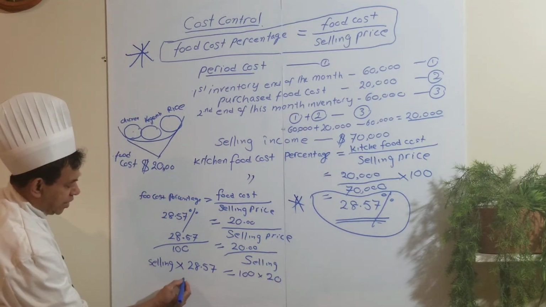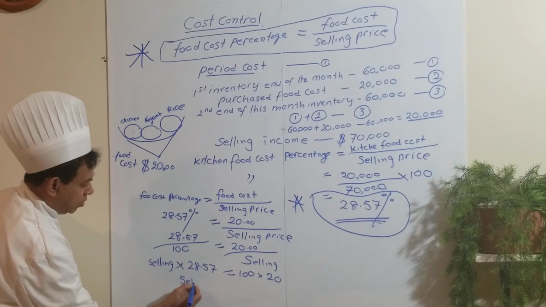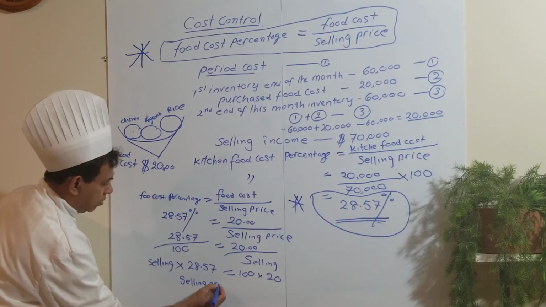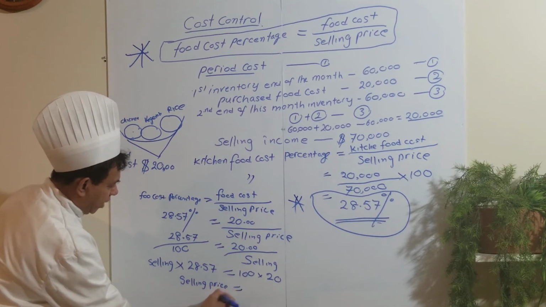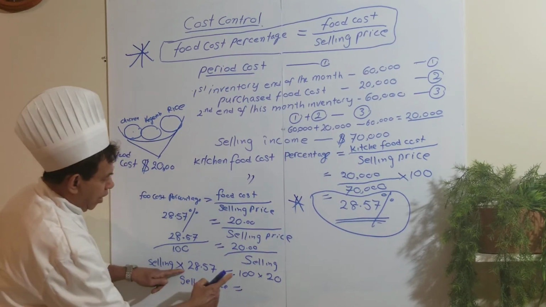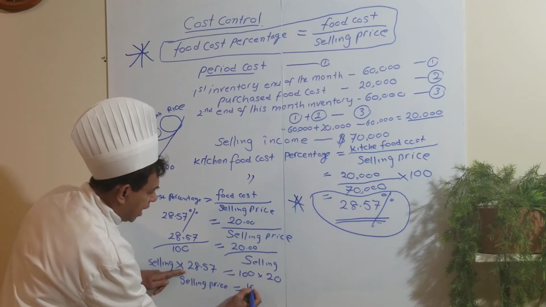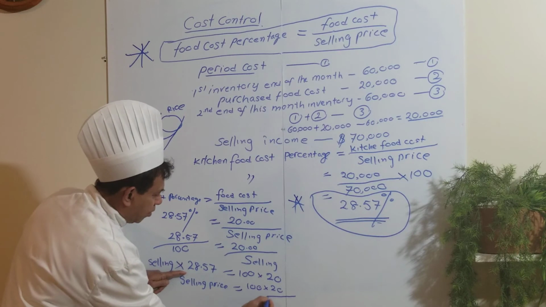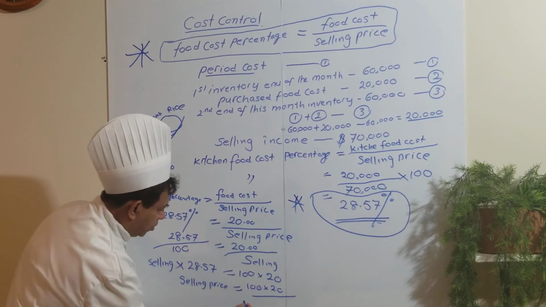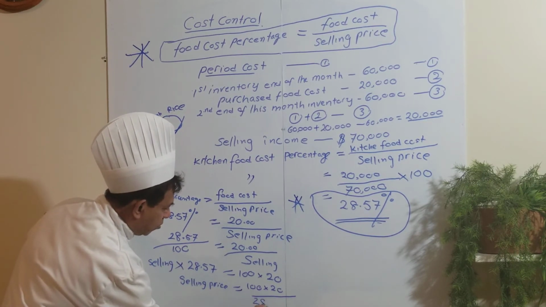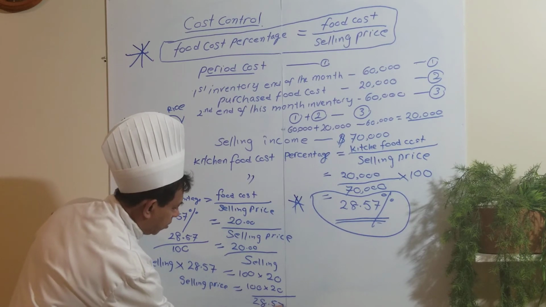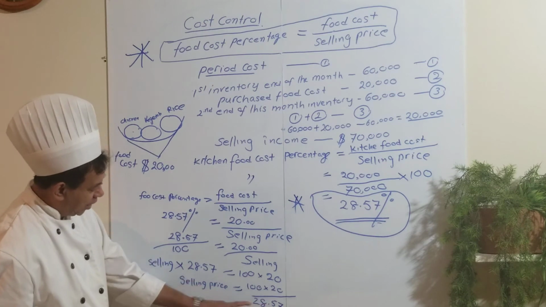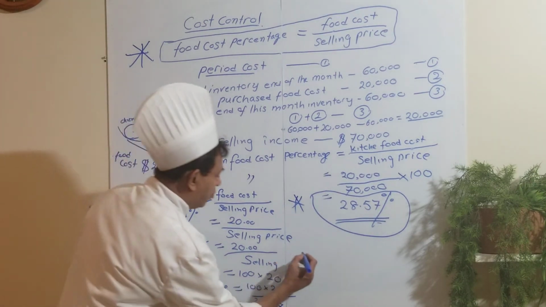Now selling price is the one I want. Selling price equals these two multiplied up like that, and this one goes down. Now we have to solve this figure to get the selling price.